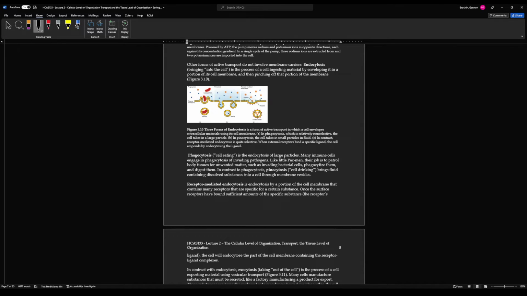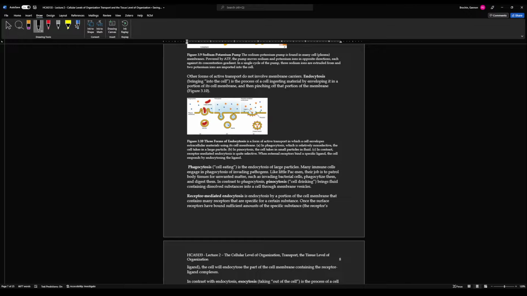Now, receptor-mediated endocytosis, this essentially can happen for a couple different reasons. Some immune cells actually do this. B lymphocytes will do this, but macrophages will do this. Macrophages, as the name says, phage means to eat.